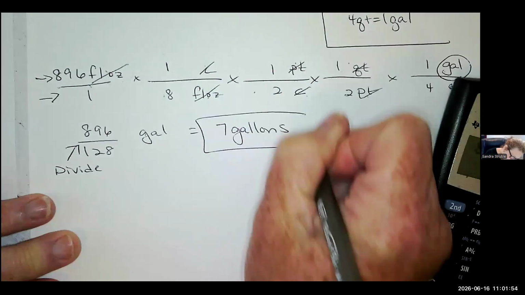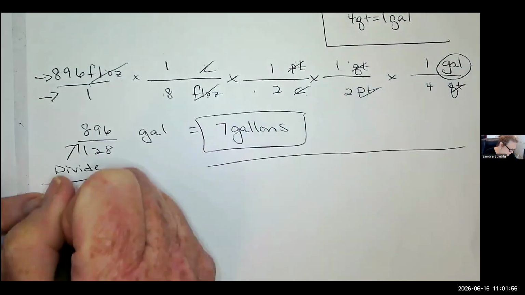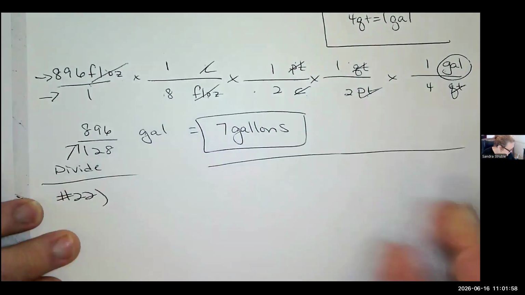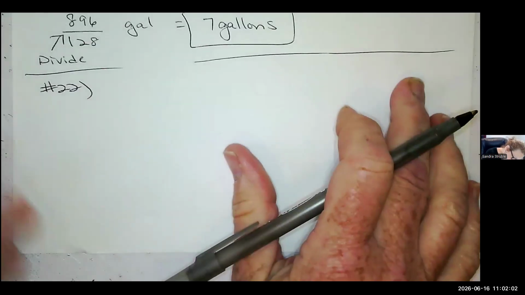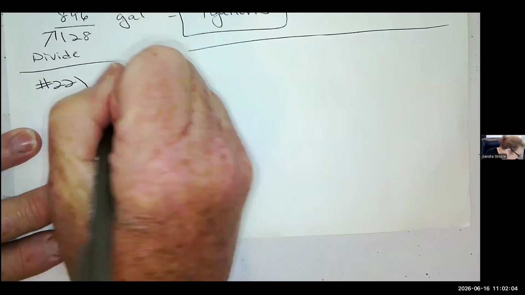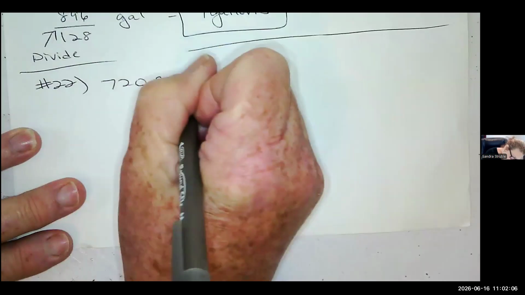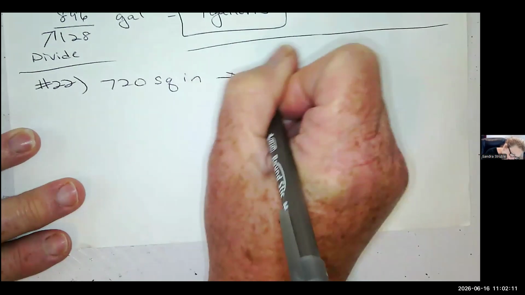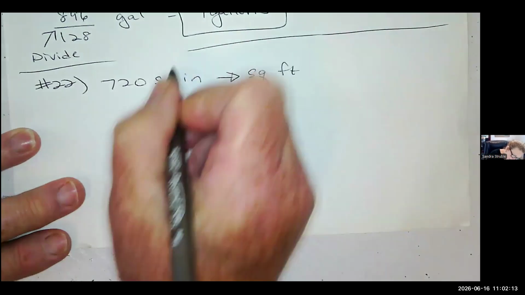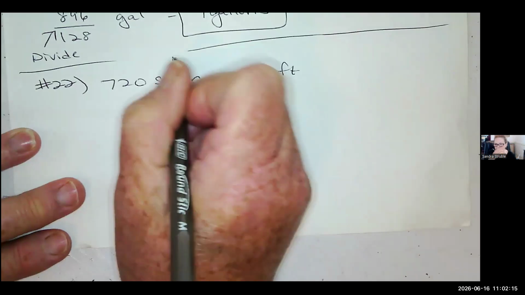Number 22. And that one, we're going from 720 square inches to square feet. Now, you could write square inches or you could write inches squared, feet squared. It's totally your call.